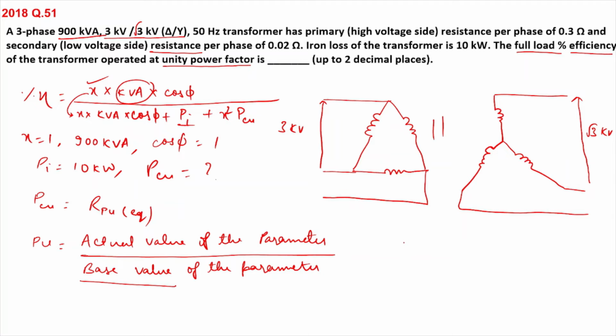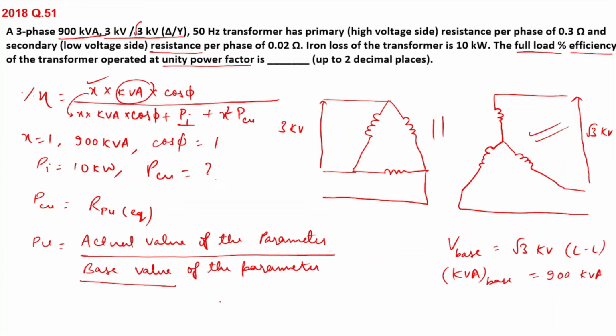So we will take the base value of voltage. I think we should go with the star, since star is very common. So we should refer to the secondary. So base value we will take on the secondary side, that would be root 3 kV line to line. And the kVA rating of base is 900 kVA.